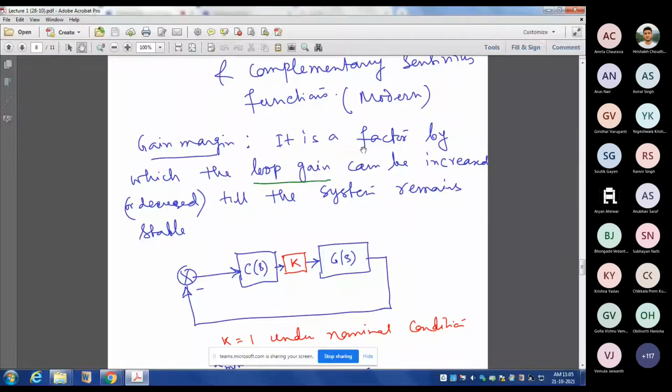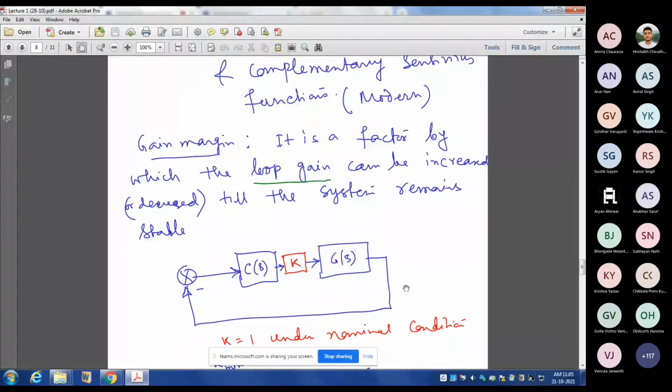It is a factor by which the loop gain, every terminology is important, factor is important, loop gain is important, can be increased or decreased till the system remains stable. These points we discussed in the last class.